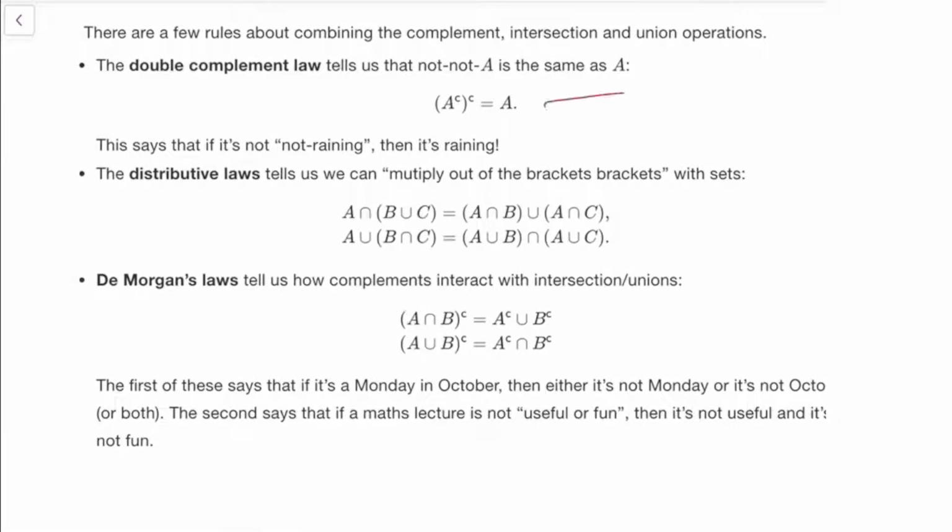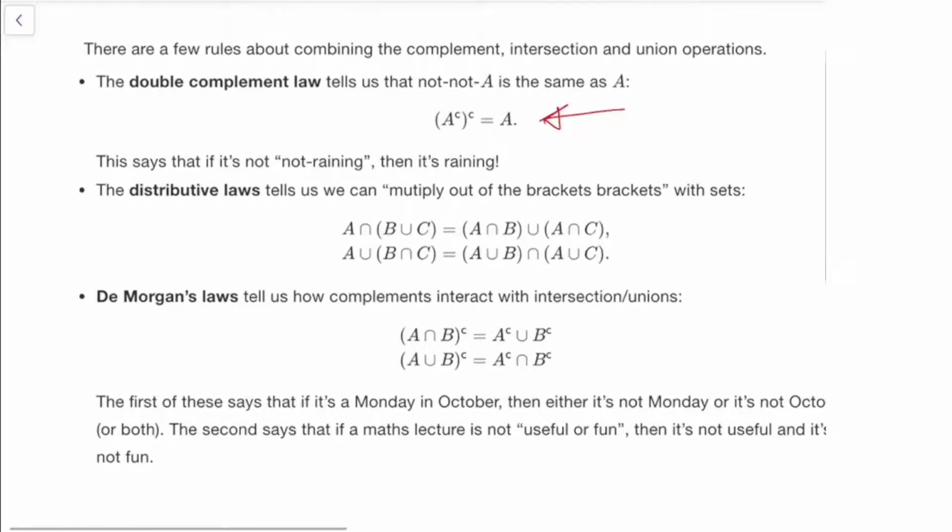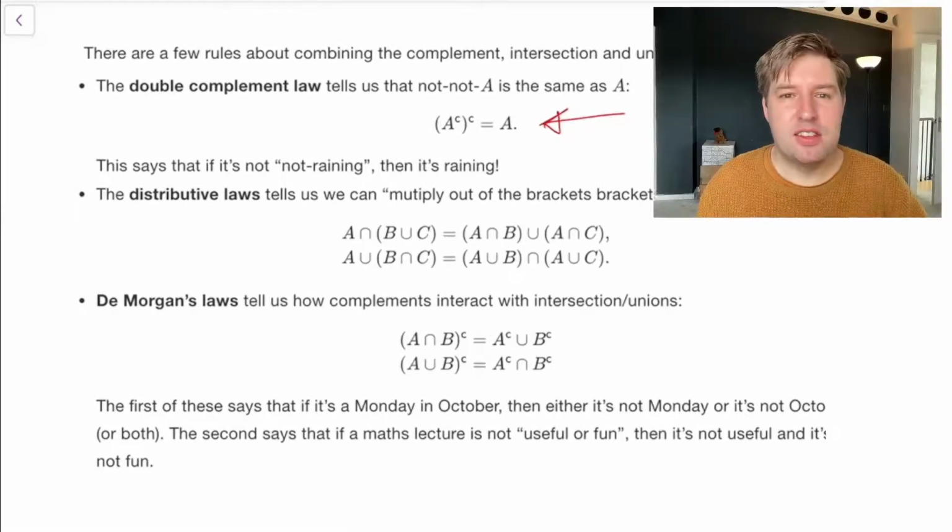So the first rule is the double complement rule, that not not A is the same as A. Right, that's the thing you know. If it's not not raining, then it's raining. Two negatives make a positive. I felt that somehow I'm making it even more complicated than it already is just by writing it down, but there we go. We also have these distributive laws about multiplying out of brackets.